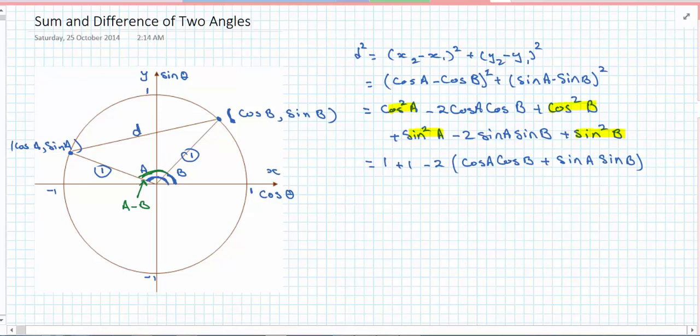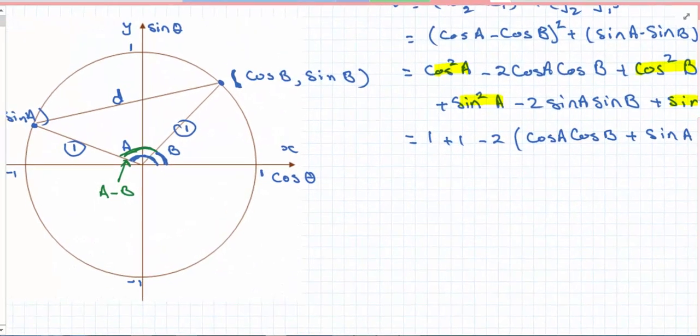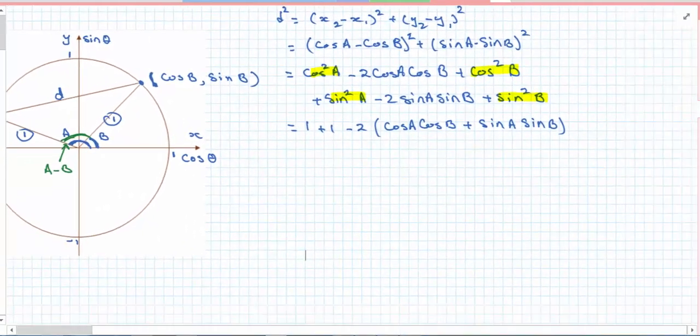Now let's go back and do the same problem again of finding D, but this time I am going to apply the cosine rule. Let me write that down.